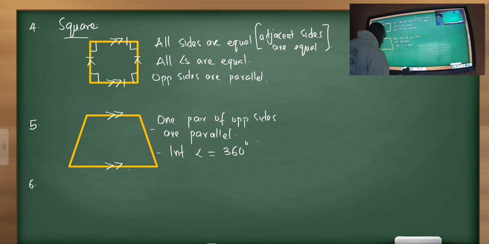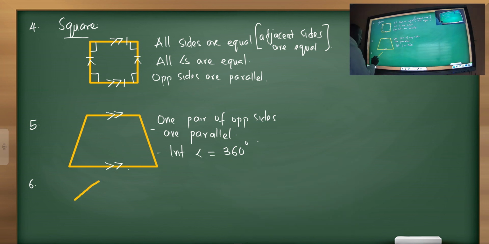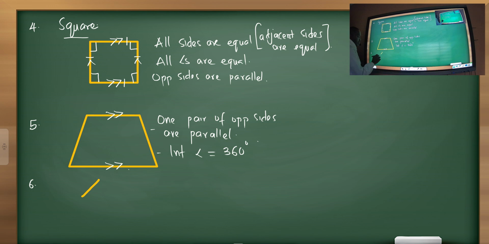All right. Number 6 is a kite. Okay. I'm going to have to draw this. Let's see. Oh, almost there. Let me do that again. Okay, fair enough. One more trial. Okay, I know how to get that done. I have an idea.